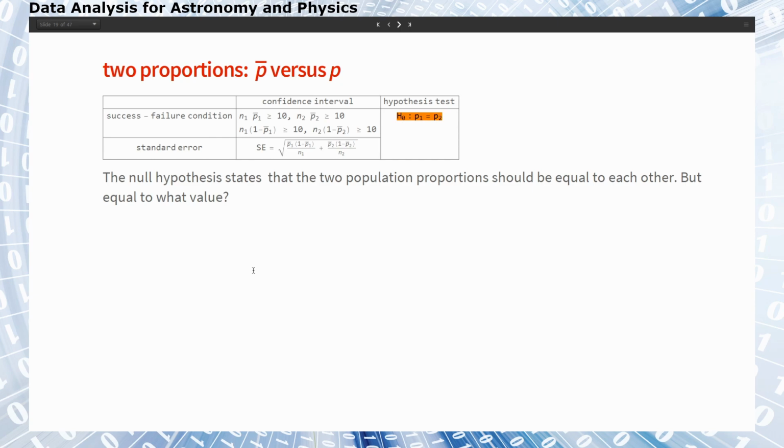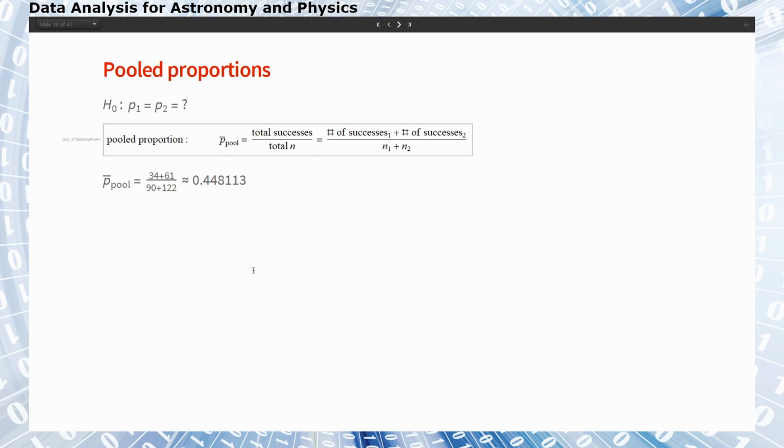So what value should we take? And here we take the pooled proportion where we put all the respondents into a pool. So we count the number of successes in proportion 1 plus the number of successes in proportion 2 and divide it by the total of asked respondents.